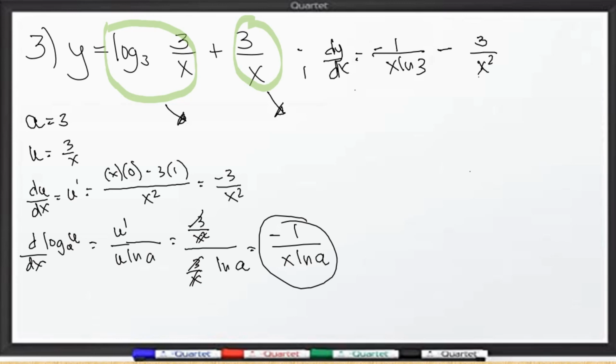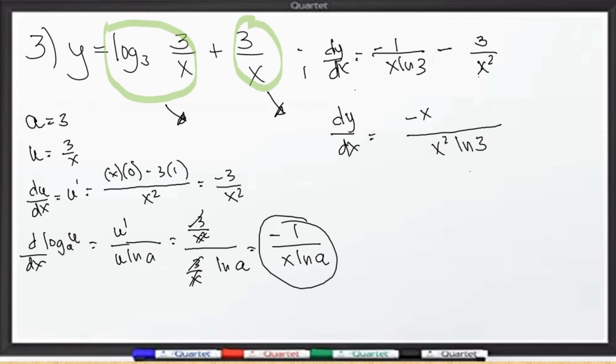O yan. Now, if we try to simplify, dy over dx is equal to, ang common denominator po natin dito is x squared ln of 3. Ngayon, may matitirang x dito, no? So, this will be negative x.